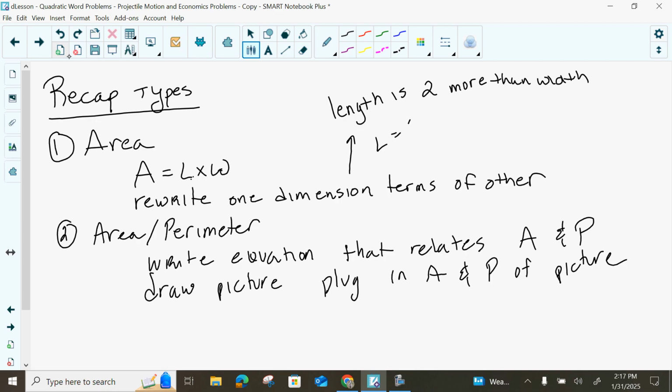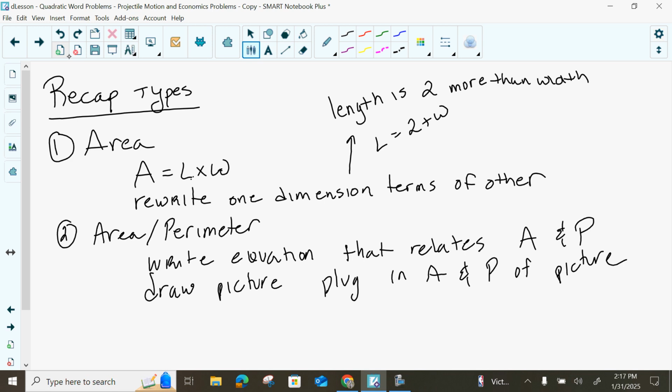So L would equal 2 plus W. So the length is written in terms of W. To me, those are two basic ones when you're just using area and perimeter.